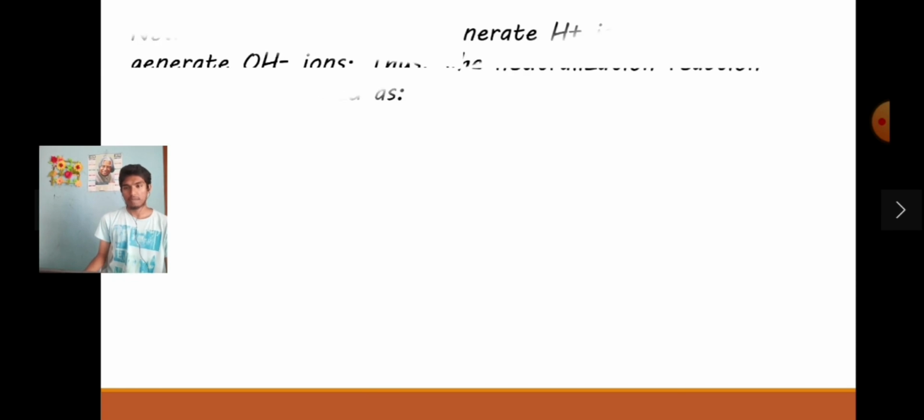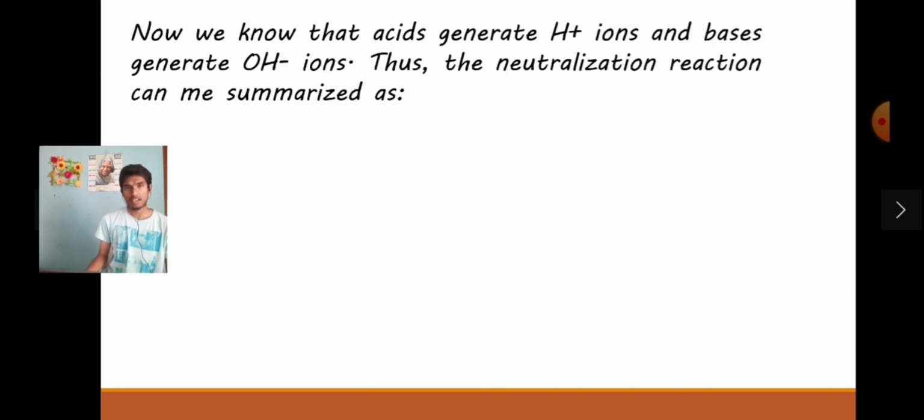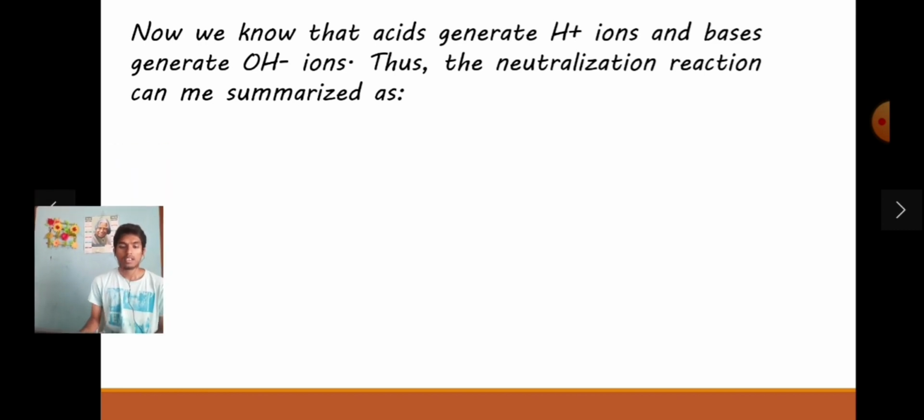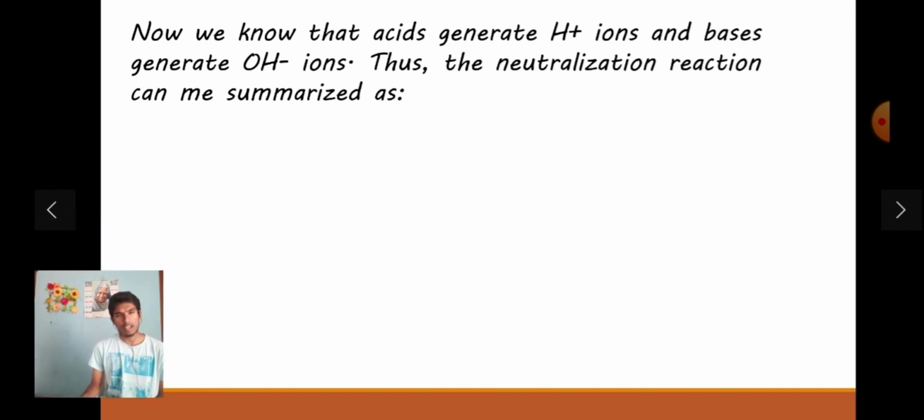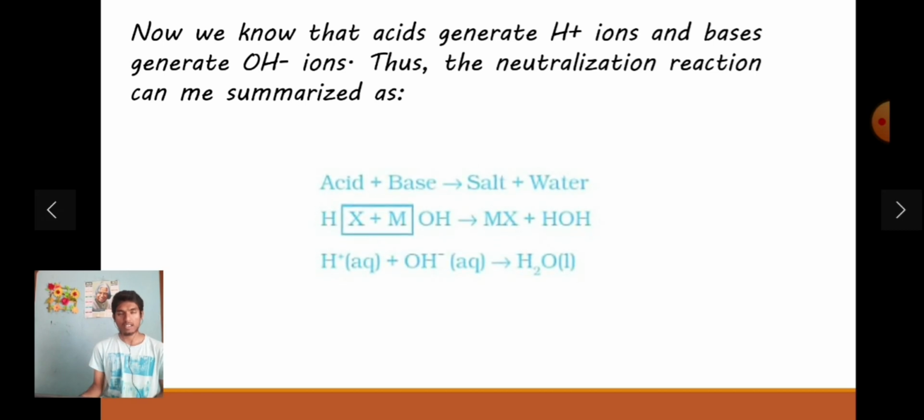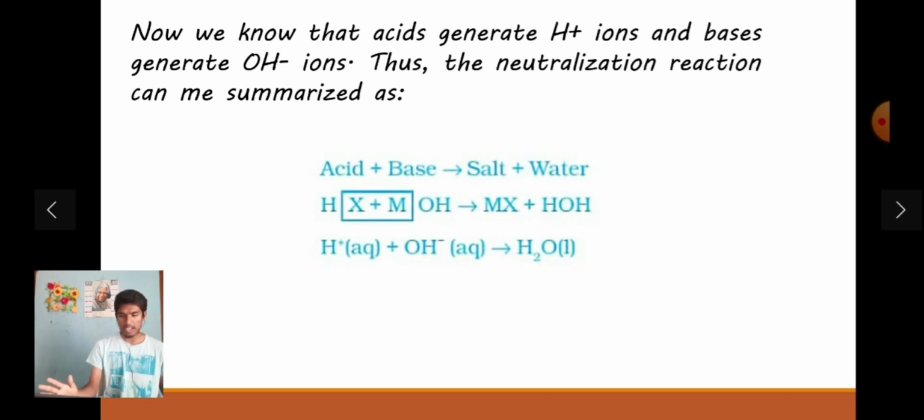Now we know that acids generate H+ ions and bases generate OH- ions. Now it is easier to visualize the neutralization reaction, which is the reaction between acids and bases. We can summarize the neutralization reaction like this: acid plus base gives rise to salt and water. We have already learned this.